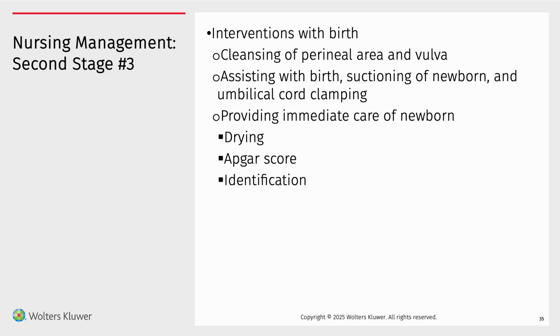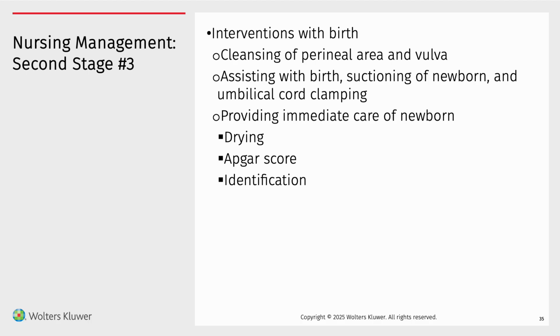So this slide focuses on nursing interventions during the acute moment of birth in the second stage of labor. Begin with cleansing the perineum area and the vulva to maintain a sterile environment and reduce the risk of infection during delivery.